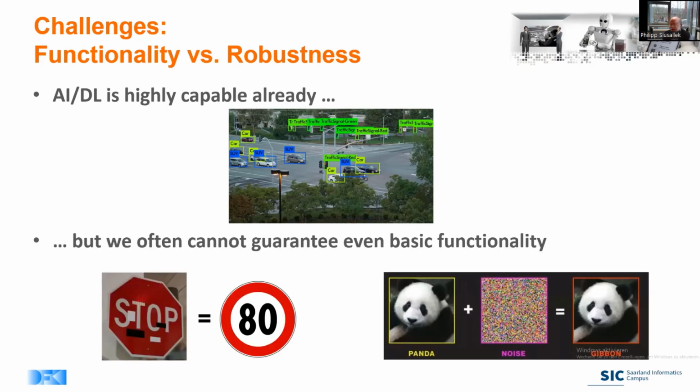But at the same time, these systems have great functionality and work like a charm in many cases, but right now we cannot guarantee that they don't make fundamental mistakes in the process, right? And I guess you all have heard about those issues, right? You put a couple of colored patches on a stop sign and AI will recognize something completely different.